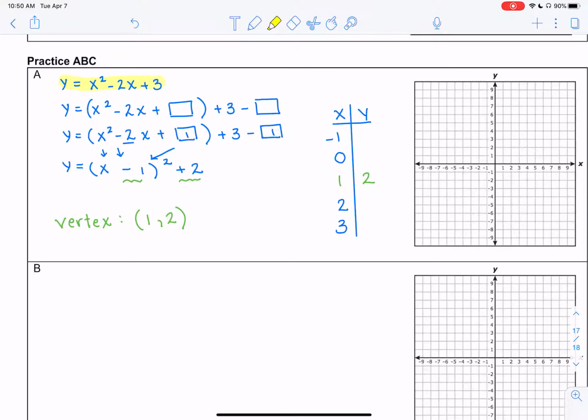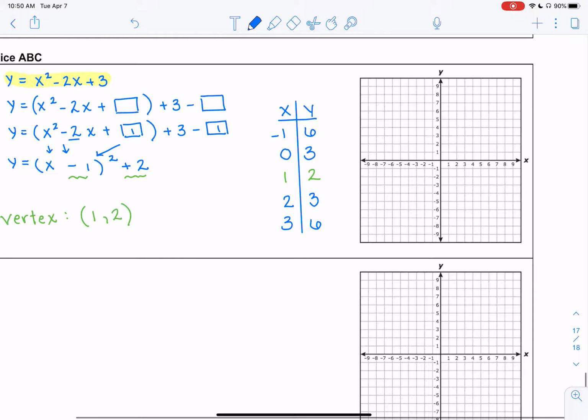Probably taking that original equation and plugging in the values is going to be the most helpful. So plugging in a -1 into the x squared minus 2x plus 3, I get a +6. Plugging in 0, that's a little easier. That zeros everybody except for the 3. When I plug in 2, I should get that same answer, 3. And when I plug in 3, I get a 6.